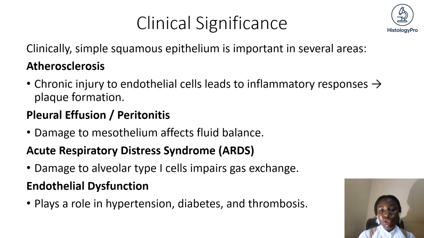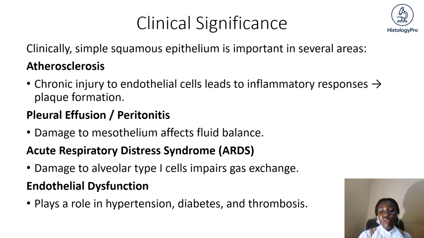Another disease condition that can occur is damage to the mesothelium, which causes pleural effusion. This disrupts normal fluid balance or regulation. As a result, excess fluid accumulates, leading to pleural effusion and some inflammatory conditions.